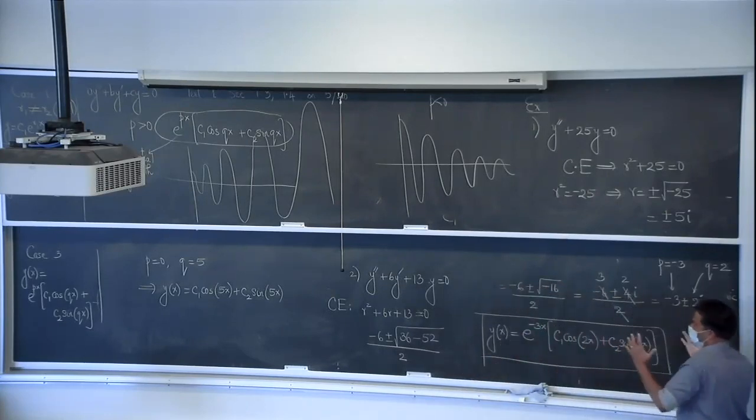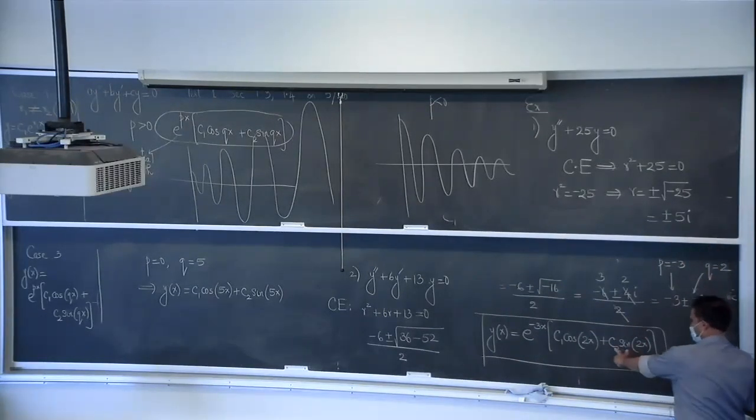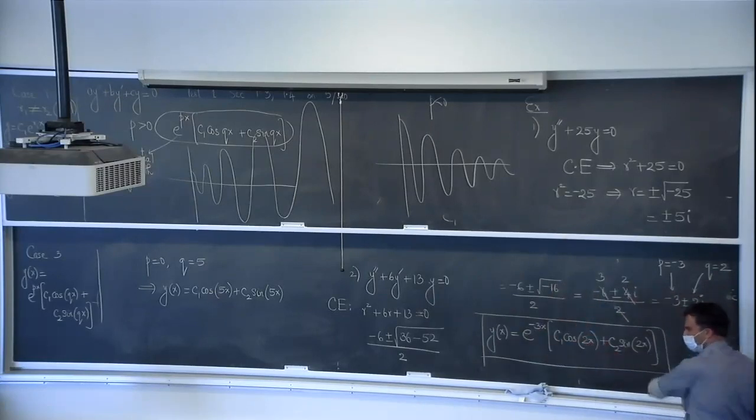So that is a full problem. The first example was kind of convenient because the b term was absent. It gave you a simple harmonic motion. This one is oscillating, and at the same time it's exponentially decaying with time.